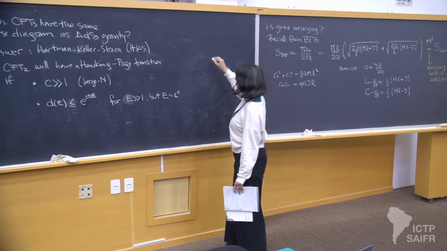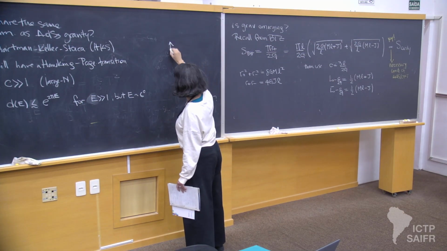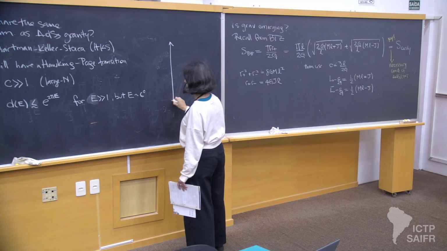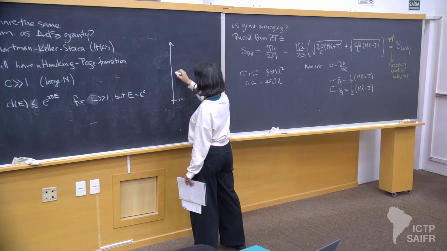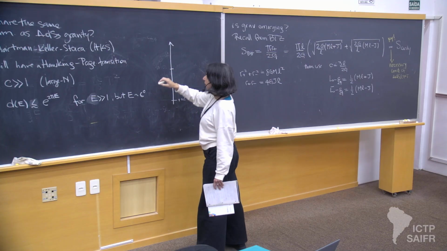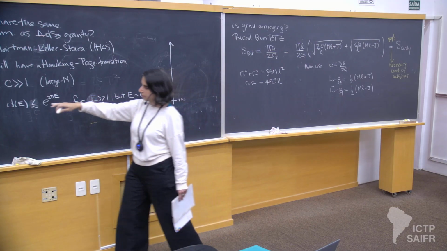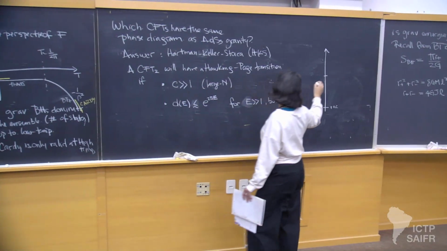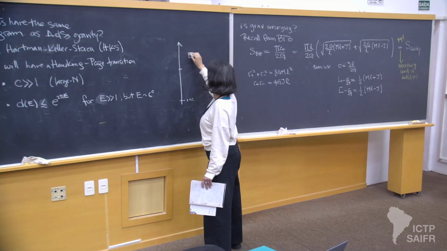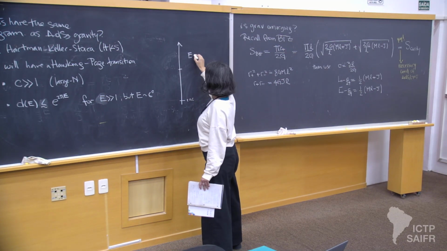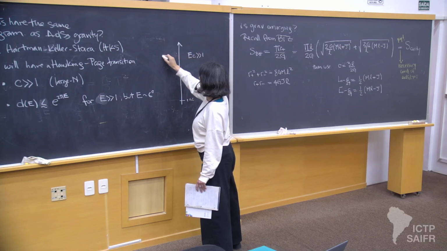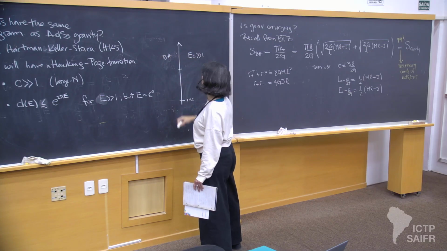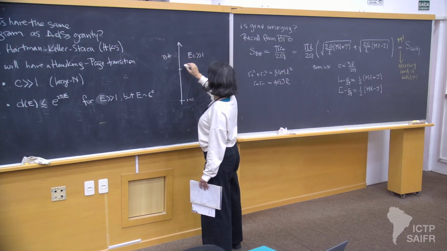So from the point of view of the density of states, roughly speaking, you have the vacuum state, and then you will have states of the black hole type, states which will have E times C much bigger than 1. These guys will have a growth.